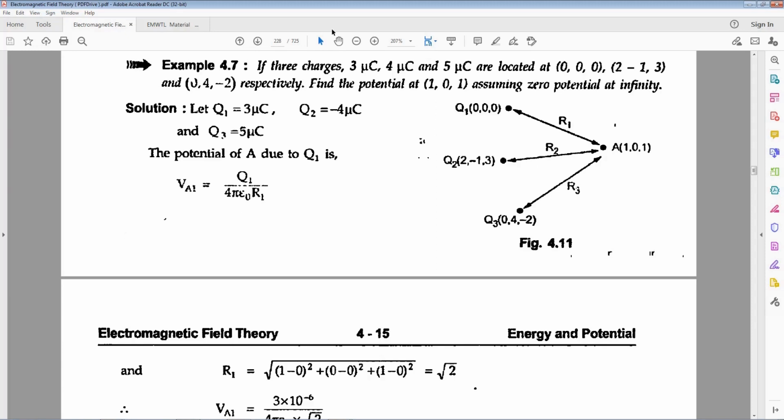Okay. So first of all, I am finding V_A1. We have to find it at the A point. A point means this is the receiving end, this is the sending end.